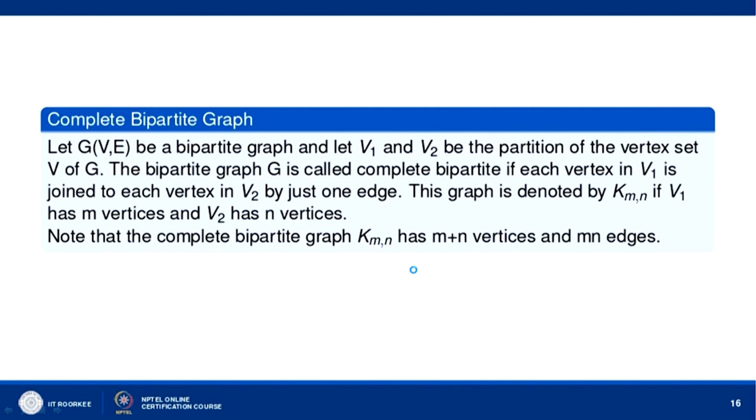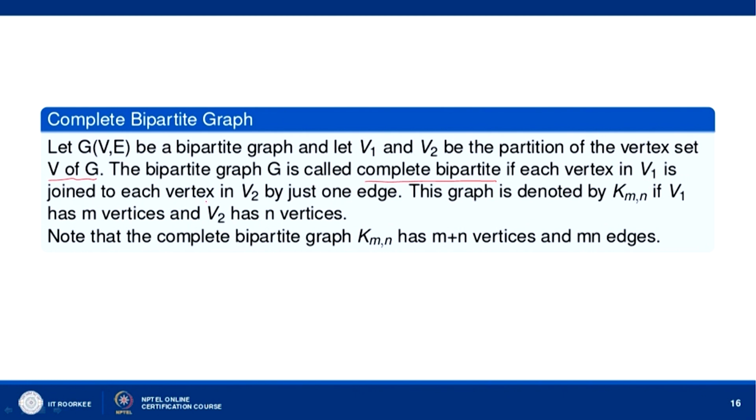Complete bipartite graph. Let G be a bipartite graph and V1, V2 be the partition of the vertex set V of G, like in the previous figure we have seen V has been partitioned into V1 and V2. The bipartite graph will be called complete bipartite if each vertex in V1 is joined to each vertex in V2 by just one edge.